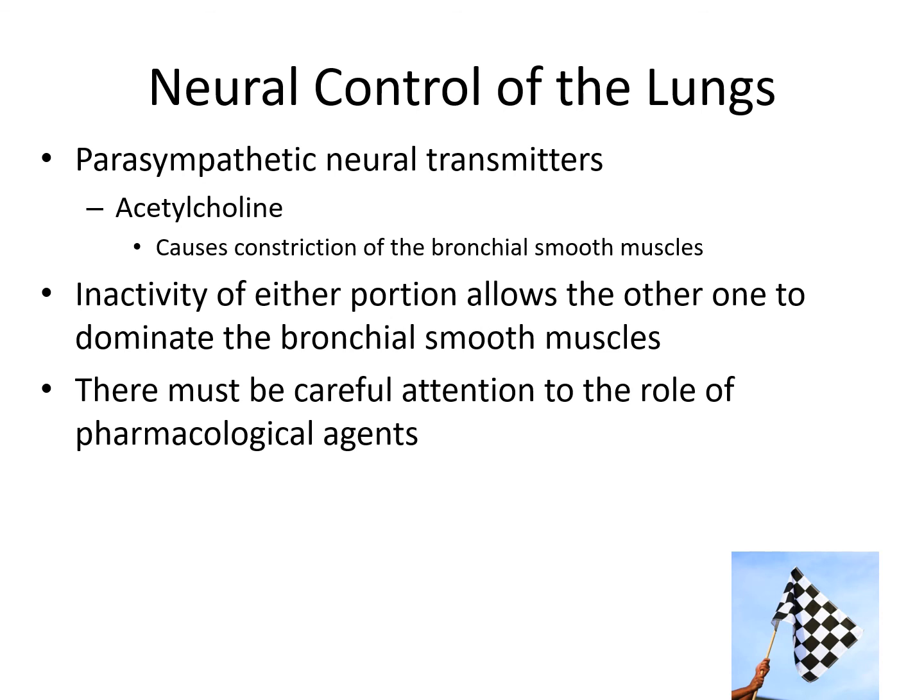So if I have inactivity of my parasympathetic because I'm blocking it, then my sympathetic is going to take over. If I have lots of stimulation from parasympathetic, then my parasympathetic is going to take over, right? So we just need to pay a lot of care to what's going on here, especially when we're looking at medicine.